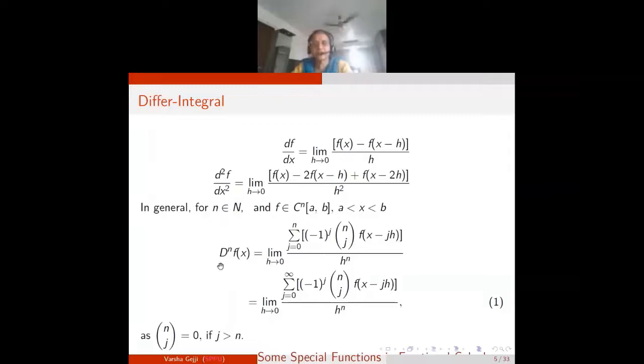In general, for the nth order derivative, you will have this summation. You can see plus and minus signs alternately coming, and these coefficients are binomial coefficients, n choose j. So if you consider this divided by h to the power n, it is a simple exercise to show that this is your usual nth order derivative, where n is a natural number.